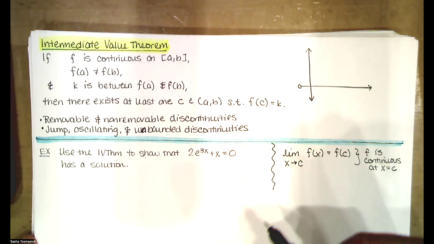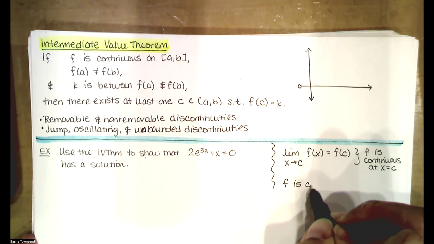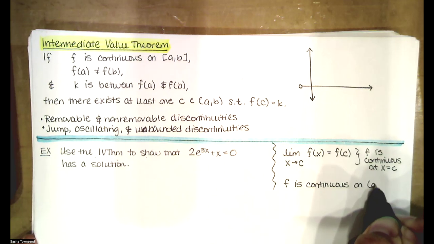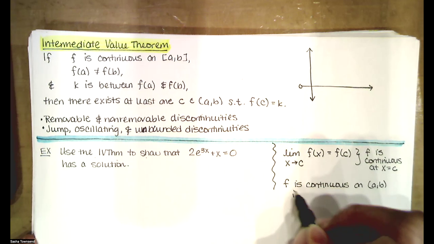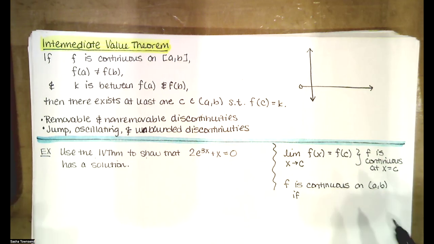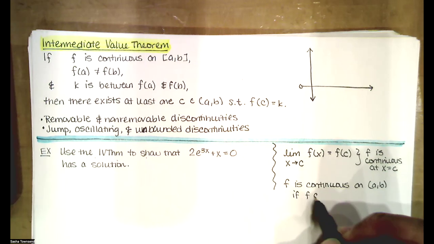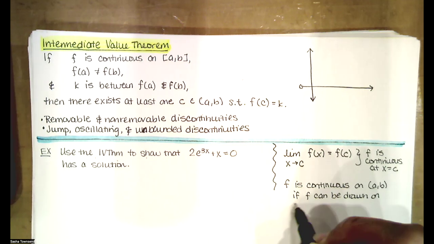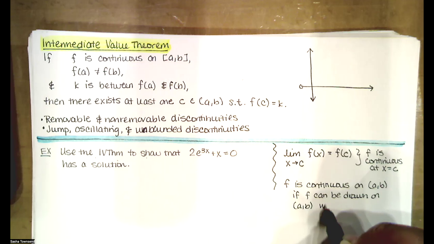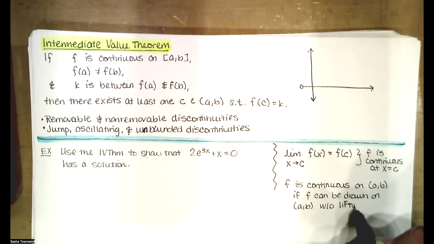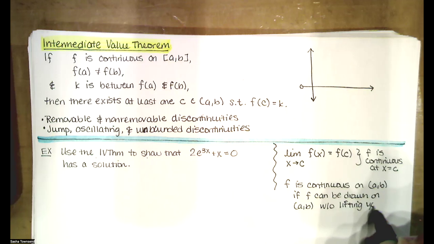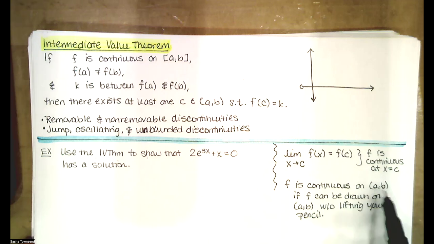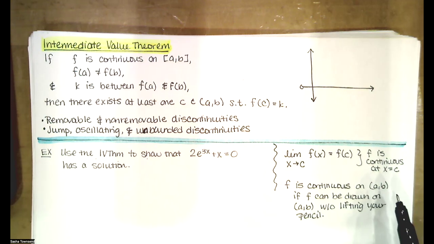And we say that f is continuous on an interval if you can draw f on that interval without lifting up your pencil. Formally, that just means that the function is continuous at every x value on the interval from a to b.